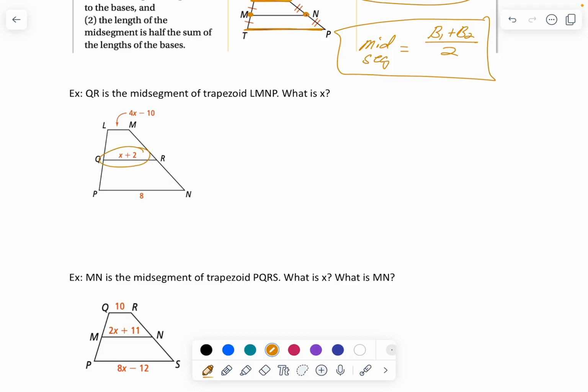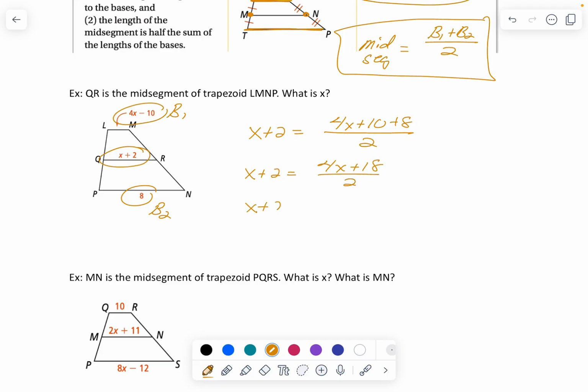So here's my midsegment. x plus 2 is equal to, this is my b1 and this is my b2, so it's equal to 4x plus 10 plus 8, all divided by 2. That means x plus 2 is equal to 4x plus 18 divided by 2, or in other words, x plus 2 is equal to 2x plus 9 when I divide everything by 2.